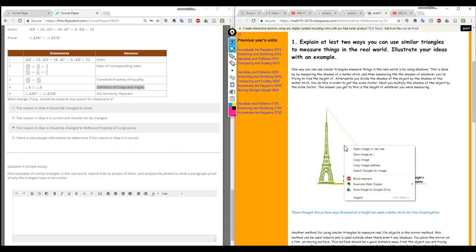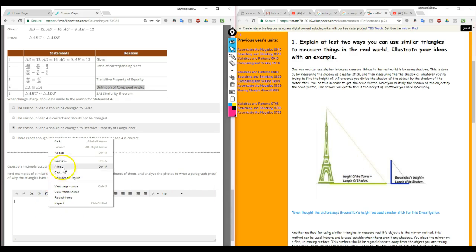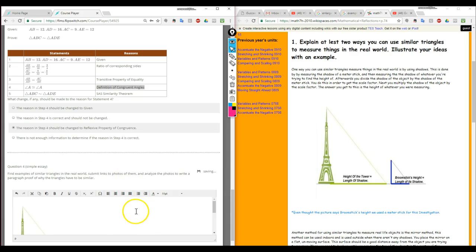You can copy image address, come over here, I just pasted it, so I hit Ctrl-V, and then I can type. Okay, why are these photos similar?